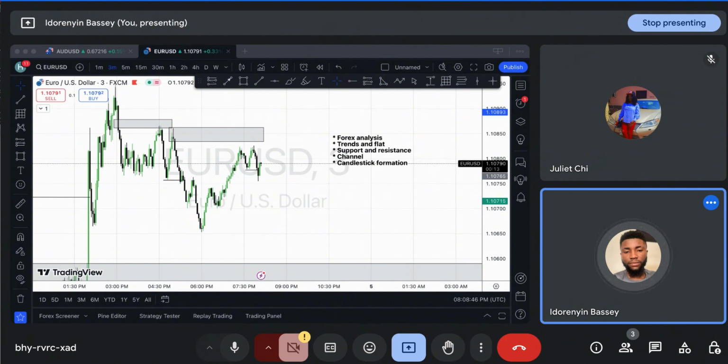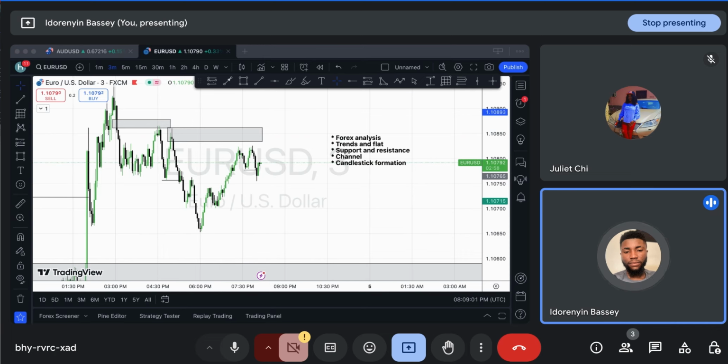There are two main types of forex analysis. Number one is fundamental analysis, and number two is technical analysis. So let's look at what fundamental analysis is.